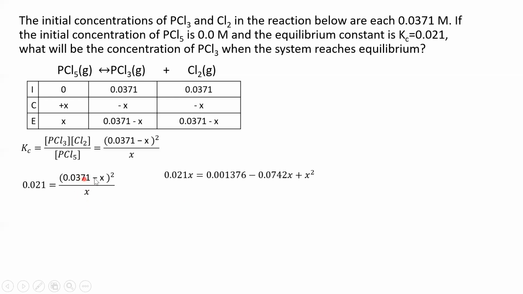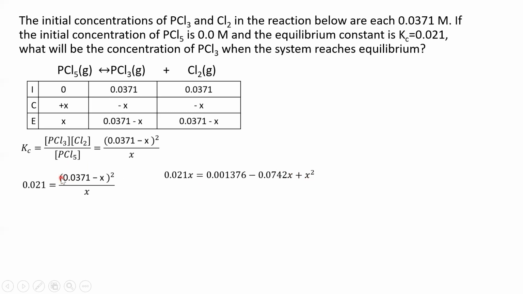we're going to need to write this in terms of a quadratic. It's a little bit of algebra, sorry. So we would FOIL this (0.0371 minus X). So it would be 0.0371 minus X times 0.0371 minus X, which gives us 0.001376 minus 0.0742X plus X squared.